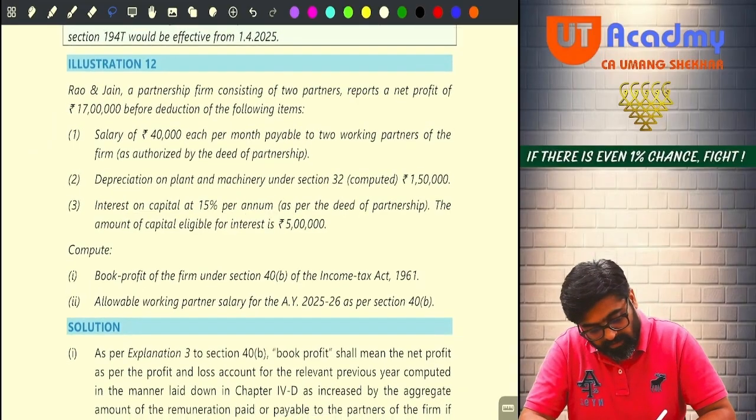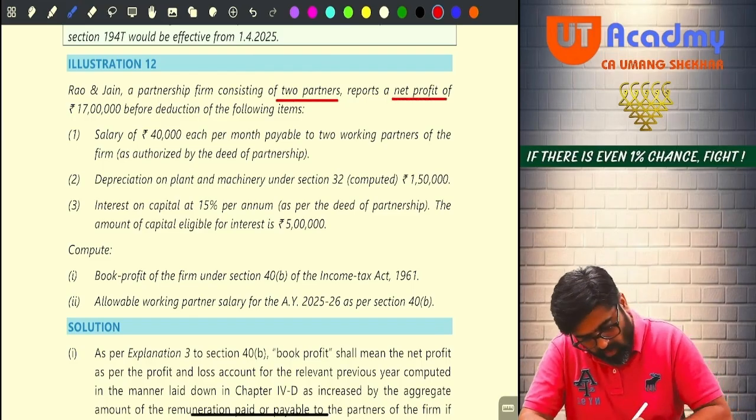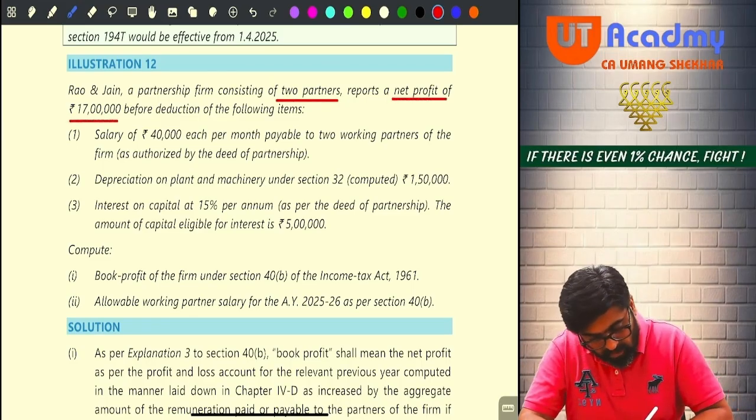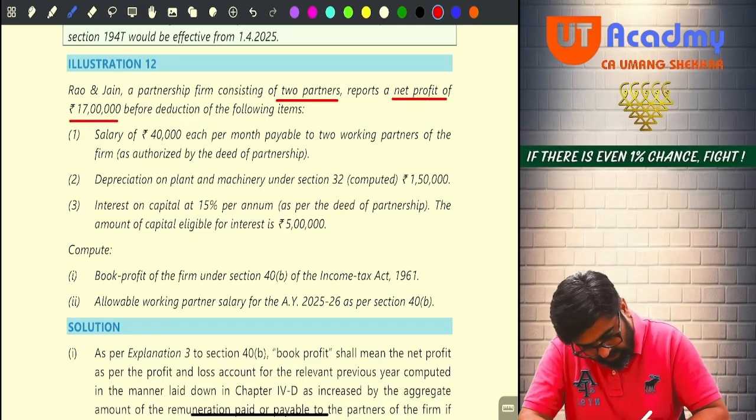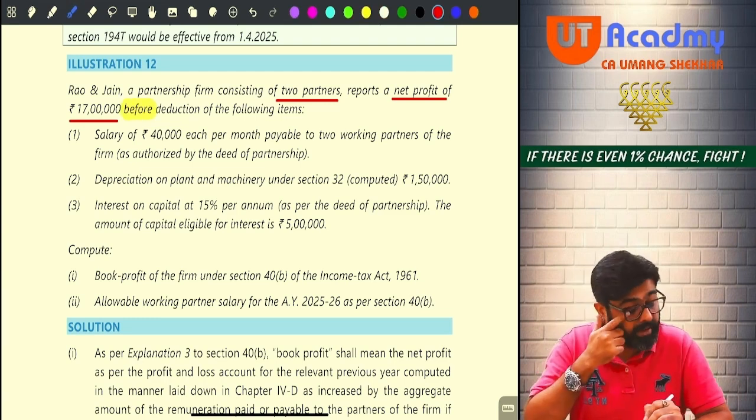Rao and Jain, a partnership firm consisting of 2 partners. How many partners? 2 partners. Reports a net profit of rupees 17 lakhs before deduction. They are saying before deducting all these 3 items.